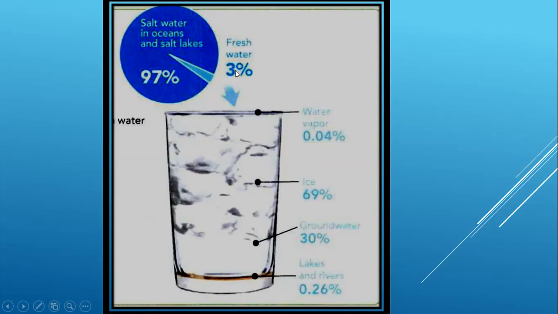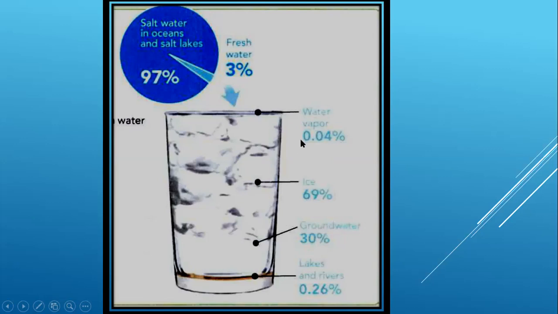We also get groundwater that seeps inside the soil, and that's around 30%. Water vapor is about 0.04% of the 3%. And lakes and rivers are around 26% of the water. So it's a little bit of water that we can drink.